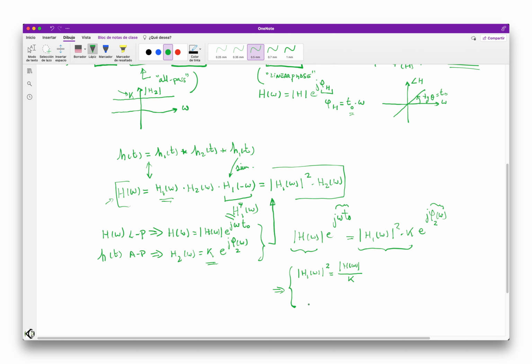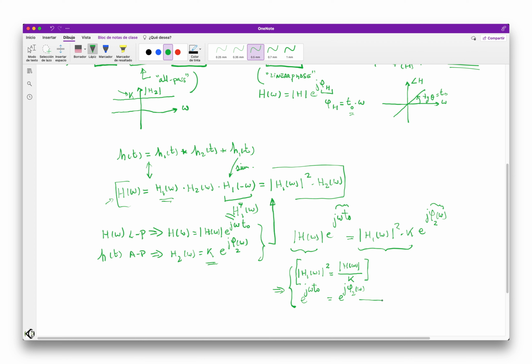And the second condition on the phase is that the exponential of j omega t0 has to be the same as the exponential of j phi sub 2 of omega. These are the two conditions. Okay, so this one is already a final condition. This is part of the solution.